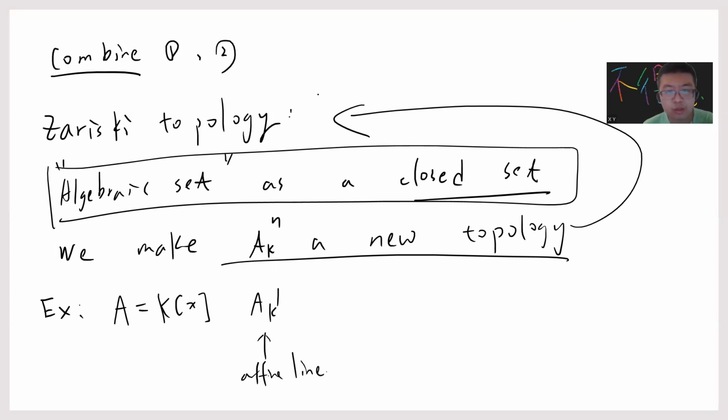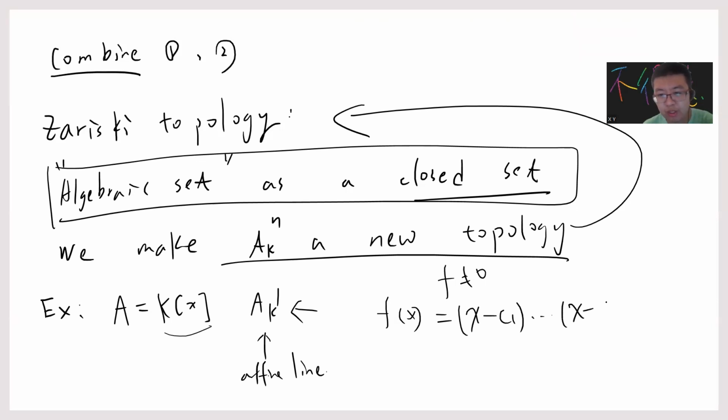So what are the closed sets, the algebraic sets, of the affine line? You only have a single variable, X. So for any nonzero f of X, by the fundamental theorem of algebra, you will have X minus c1 up to X minus cn.